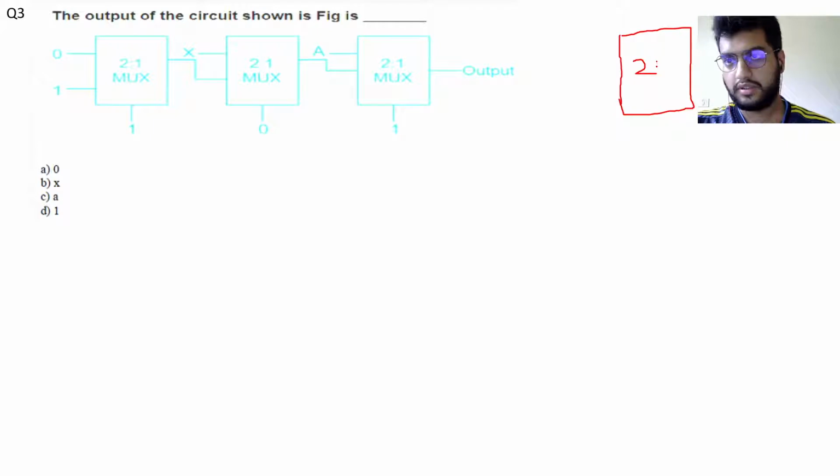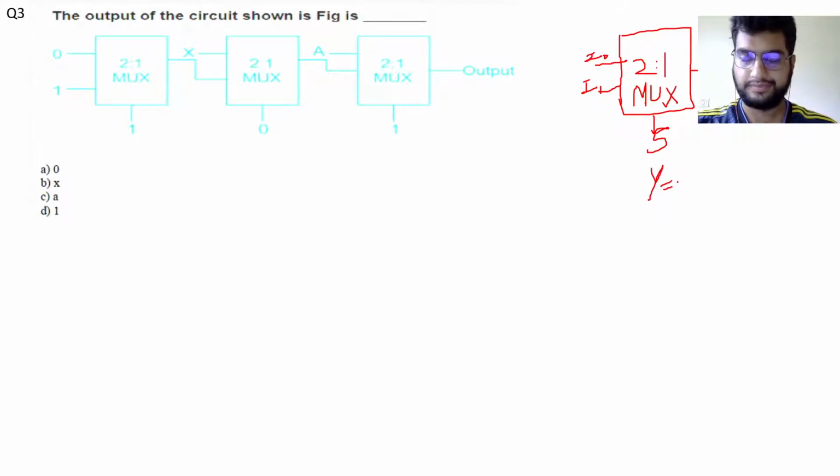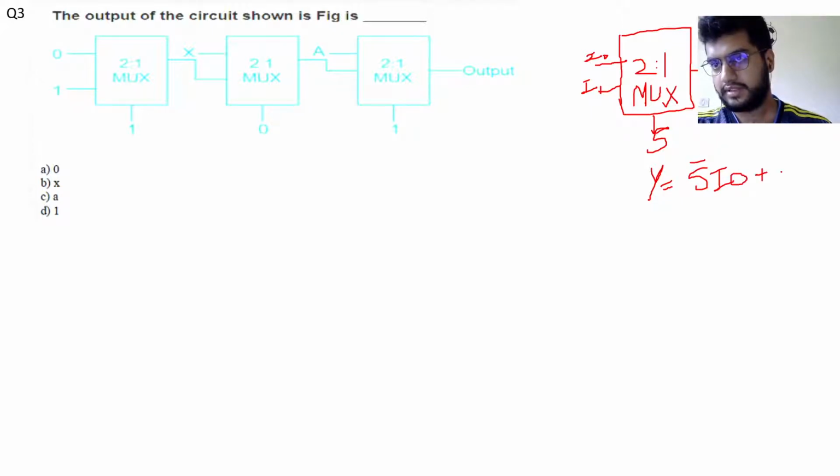We have a 2:1 mux with two input lines I0 and I1, a select line, and the output Y, which is equal to S bar I0 plus S I1. So when S is 0, the data on input line I0 is given as output, and when S equals 1, the data on input line I1 is given as output.